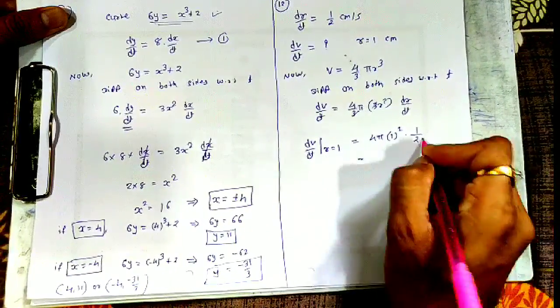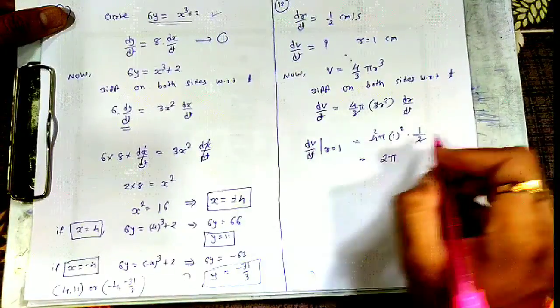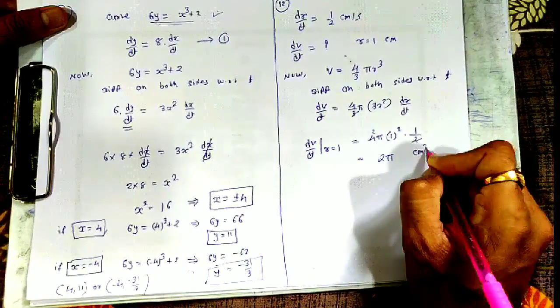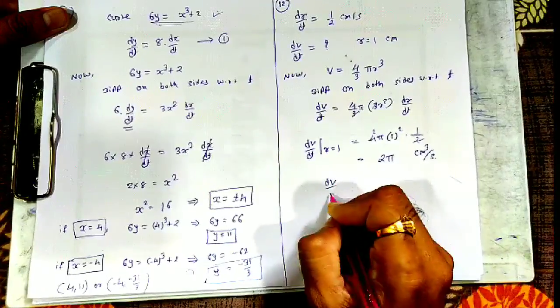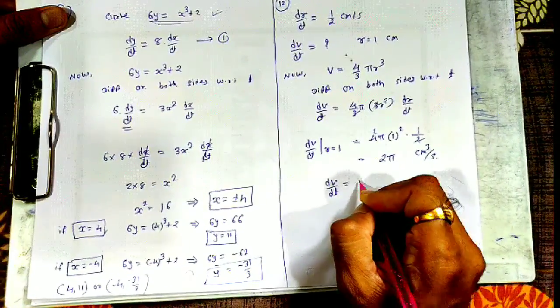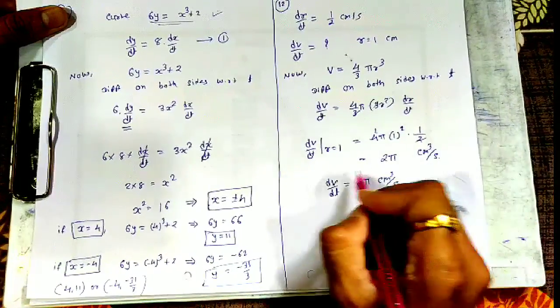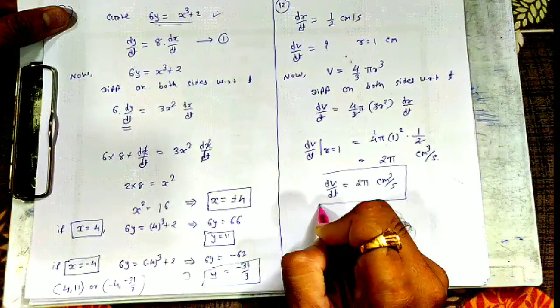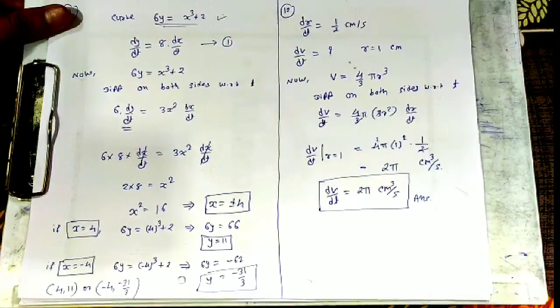So it's 2 pi cubic centimeter per second. So the rate of change of volume of the air bubble when the radius is 1 centimeter is 2 pi cubic centimeter per second. That is the answer. Clear?